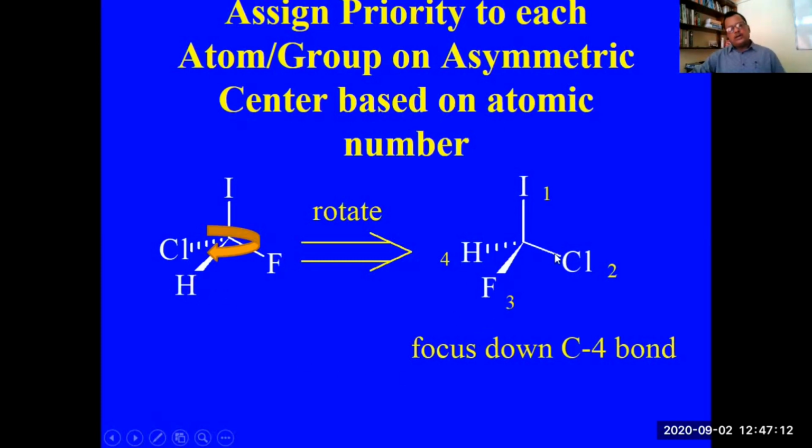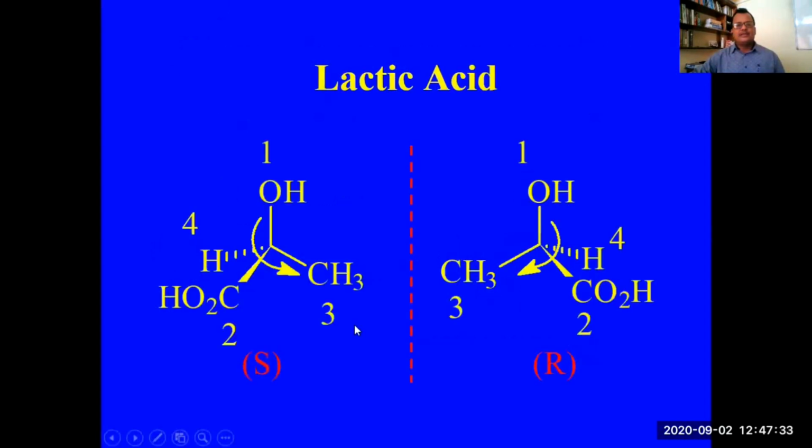Now you can observe the sequence 1, 2, 3. Hydrogen is behind the plane, it is away from you, and the sequence is clockwise. So is the configuration R or S? It is R. I hope you understand.